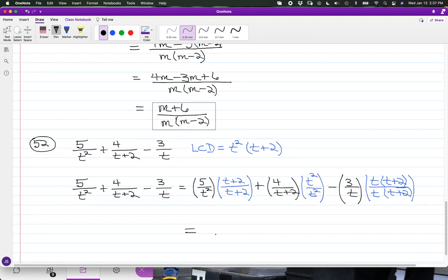So all of the denominators will be in terms of the least common denominator: t squared times t plus 2, t squared times t plus 2, and t times t is t squared, still times the quantity of t plus 2.